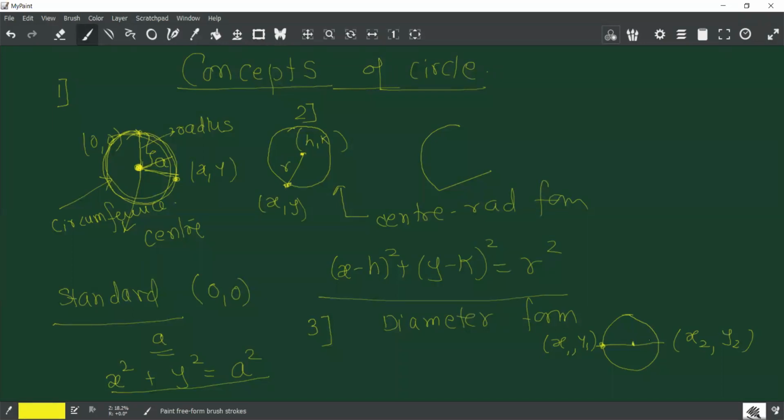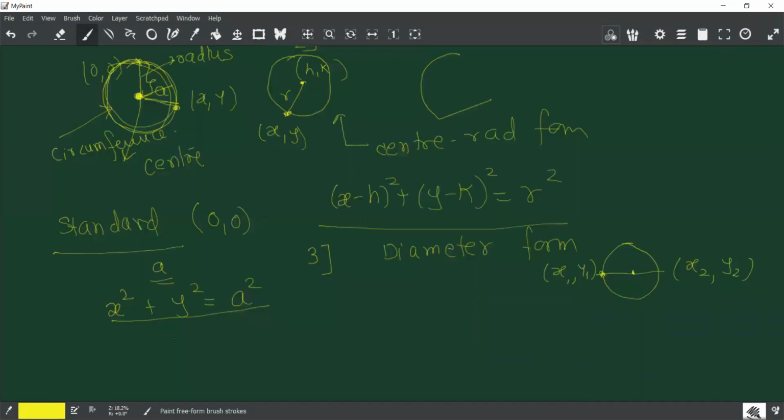So x1, y1 and x2, y2 are the extremities of the diameter. What is the equation of the circle? (x minus x1)(x minus x2) plus (y minus y1)(y minus y2) is equal to 0. This is the diameter form.